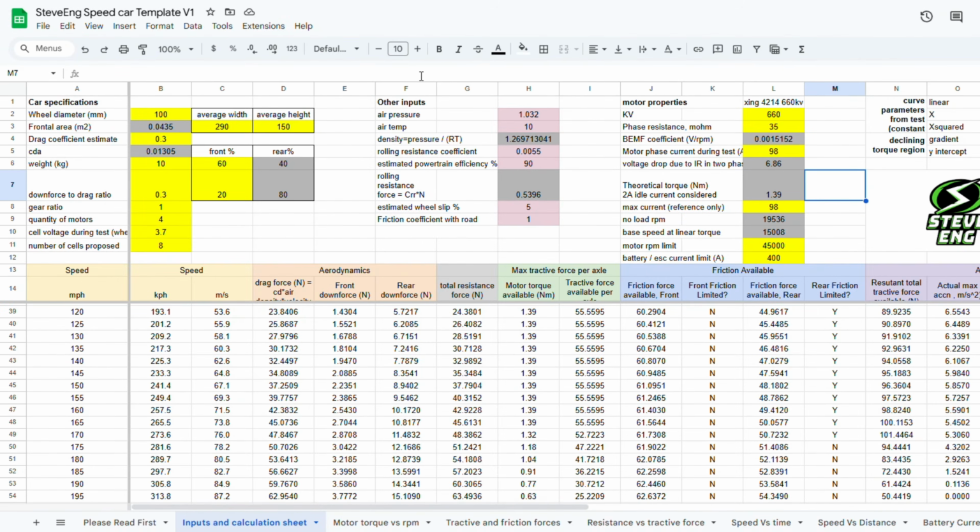Here it is. Here's my speed car template spreadsheet set up in Google Sheets. The yellow cells are where the user puts in inputs. Red cells are ones where we can make some small adjustments if needed.